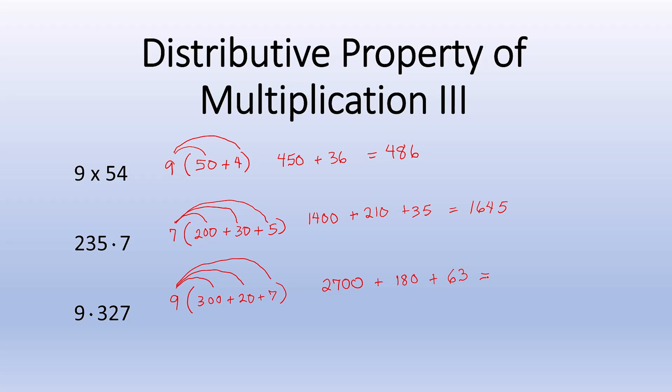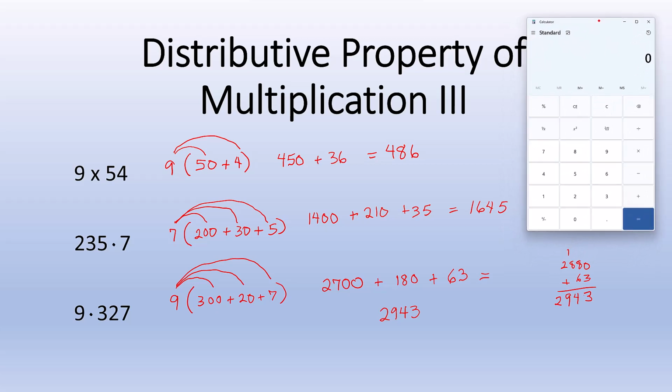And then if I add all of them together, I know that 2700 plus 180 gives me 2880. 2880 plus 63 is 2,943.